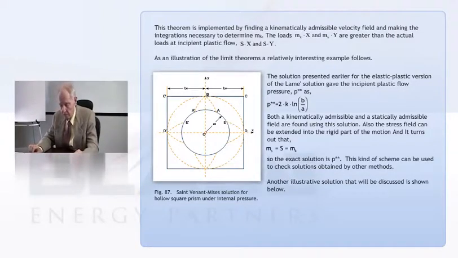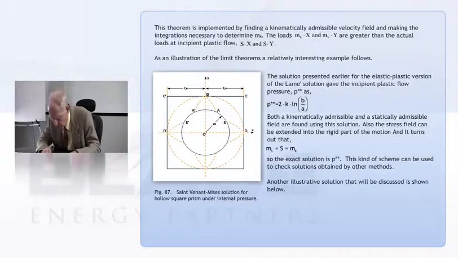And there's so much flexibility on these velocity fields that you can then show that they are compatible with a region like, let's see if we can figure this out, A, B, C, D, E, A. It's a chunk up at the corner. We can just have that move as a rigid body and go scooting out at 45 degrees. And so I've also found a kinematically admissible solution for this problem.